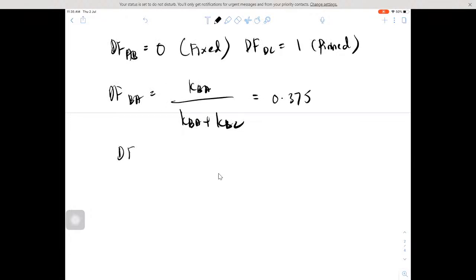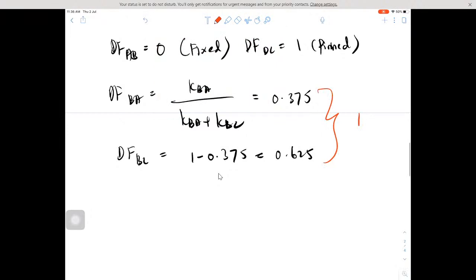For DFBC, since the distribution factors at the joint must total 1, it is 0.625. The total here must be equal to 1.